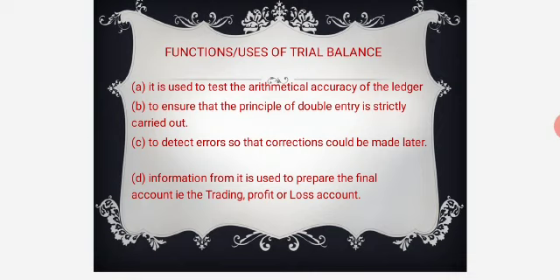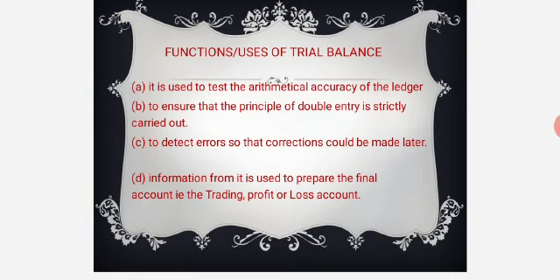Number one, the trial balance is used to test the arithmetical accuracy of the ledger. I just explained that the ledger has lists of debit entries and credit entries. If the principle is adhered to, the debit side of the ledger and the credit side of the ledger must be equal.